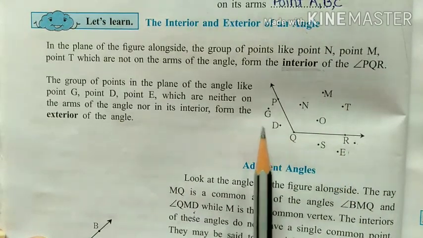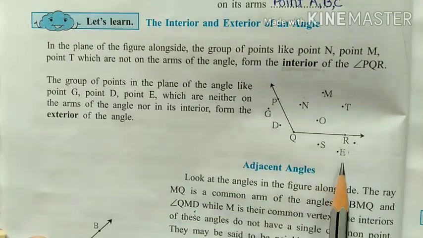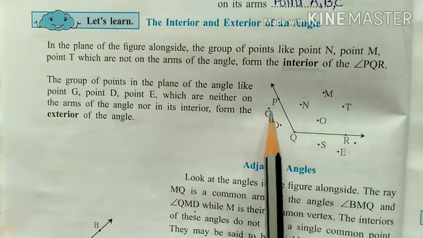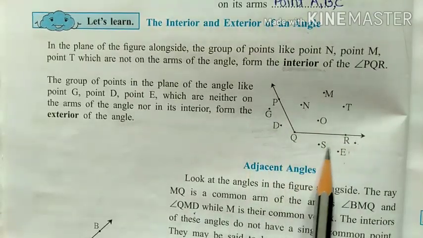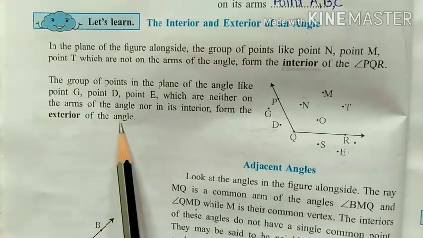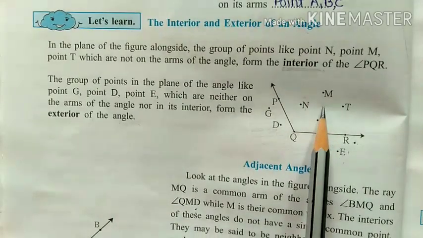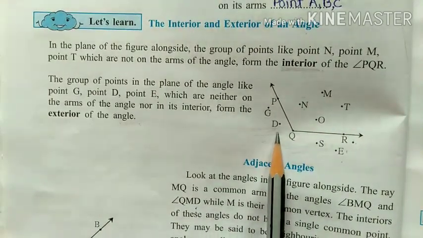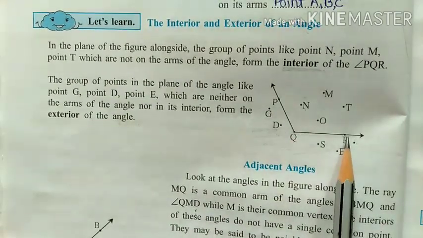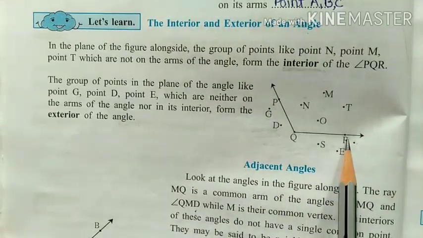The points like G, D, S and E, which are not on the arm of the angle, which lie outside of the angle, are called the exterior of the angle. Inside, interior, outside, exterior. The points on the arm are not inside, not outside. They are points on the arm.